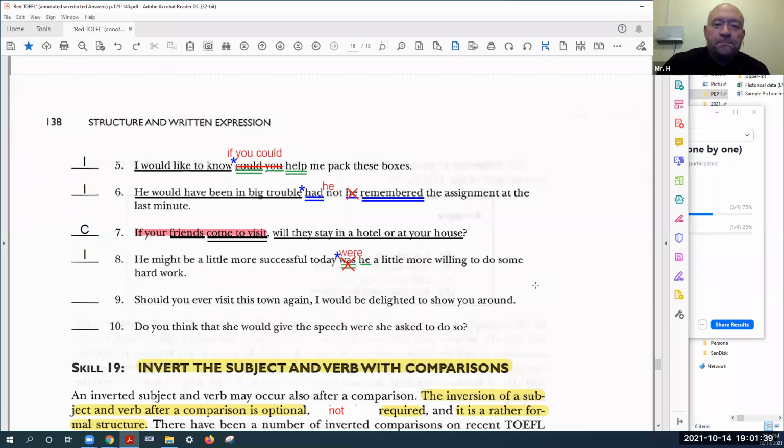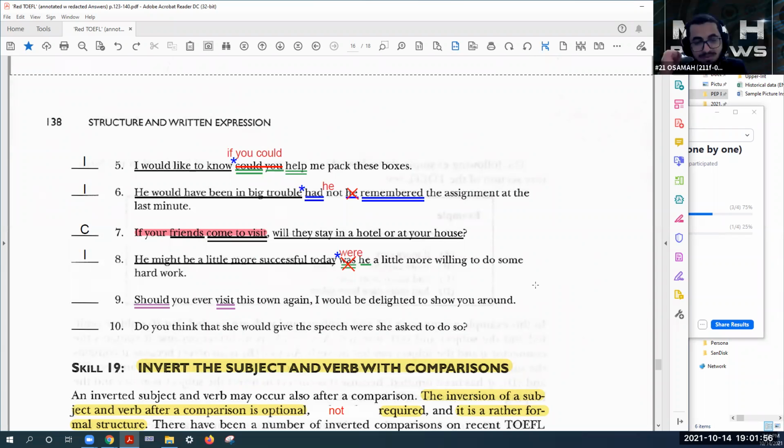Give us the verb. I would be. Wait, not the main clause. Don't start with the main clause. Start with the conditional. Should visit. Okay. Subject, you.